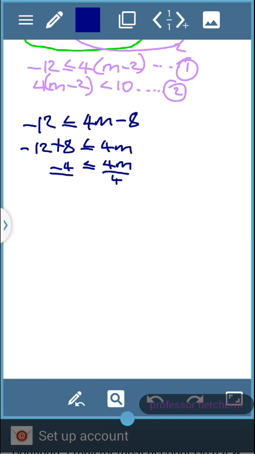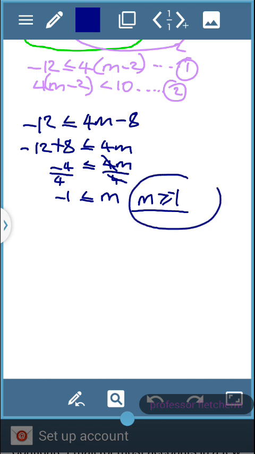Remember, if you ever divide by a negative number, the inequality sign changes, but we are dividing by a positive one, so that gives us negative 1 is smaller or equal to m. In other words, m is greater or equal to minus 1. That's from the first inequality.